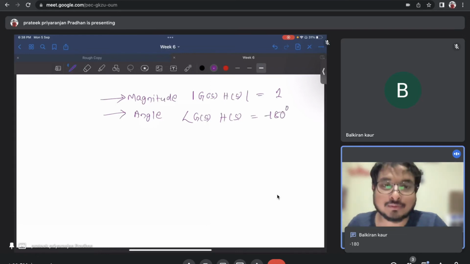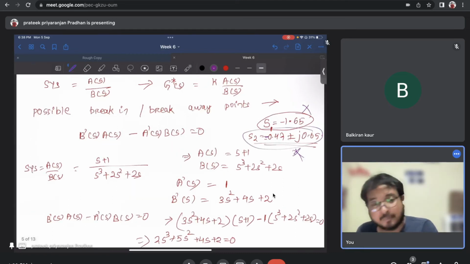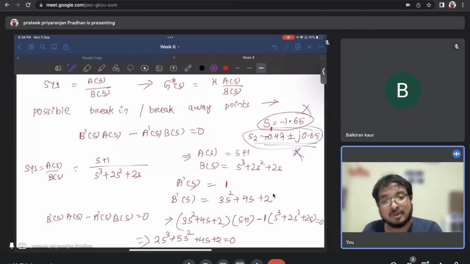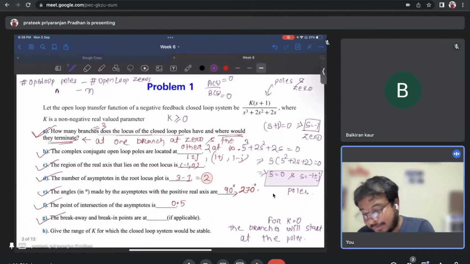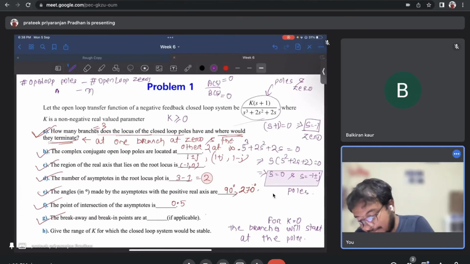Very good. So you can verify these two points also don't satisfy that. That's why when we plot the root locus for this, it doesn't have any breakaway or break-in point.